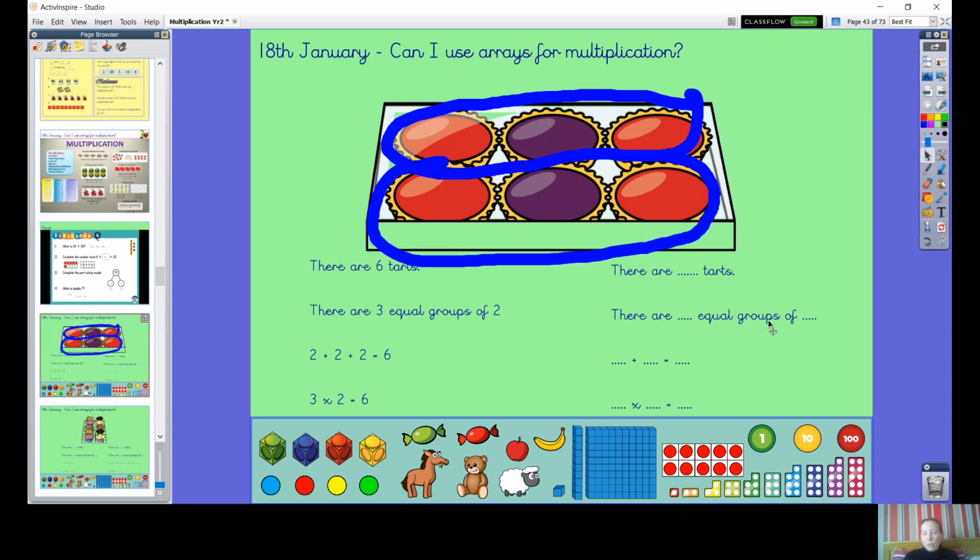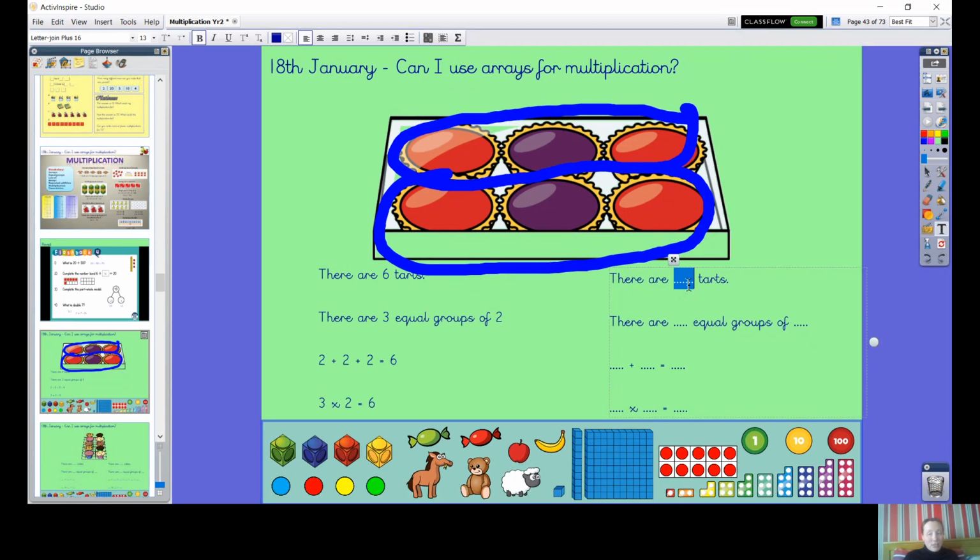So if we fill out this one, we have got still 6 tarts. I've not eaten any, but this time we have got 2 equal groups of 3. So it makes our addition a little bit different. We have got 3 add 3 this time makes 6. We can still turn it into multiplication though. We've just turned our numbers around because we have got 2 groups of 3, which gives us our 6.